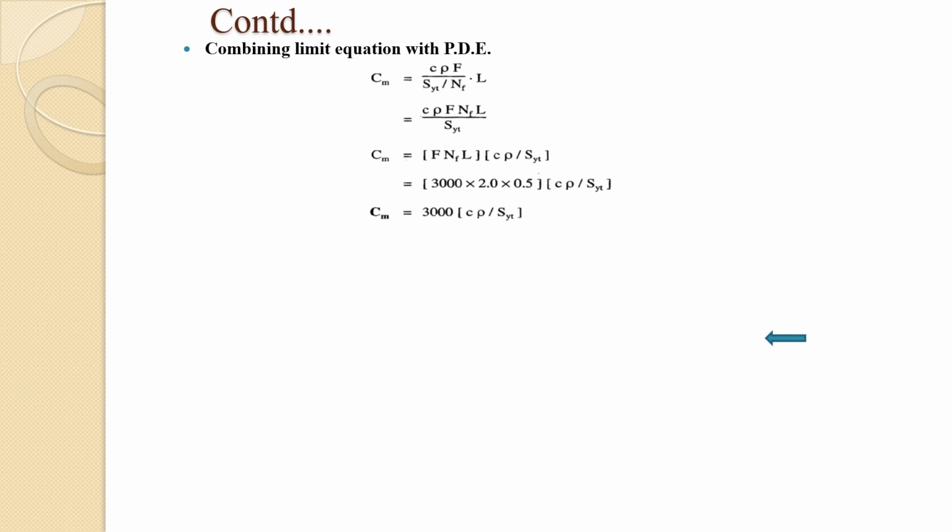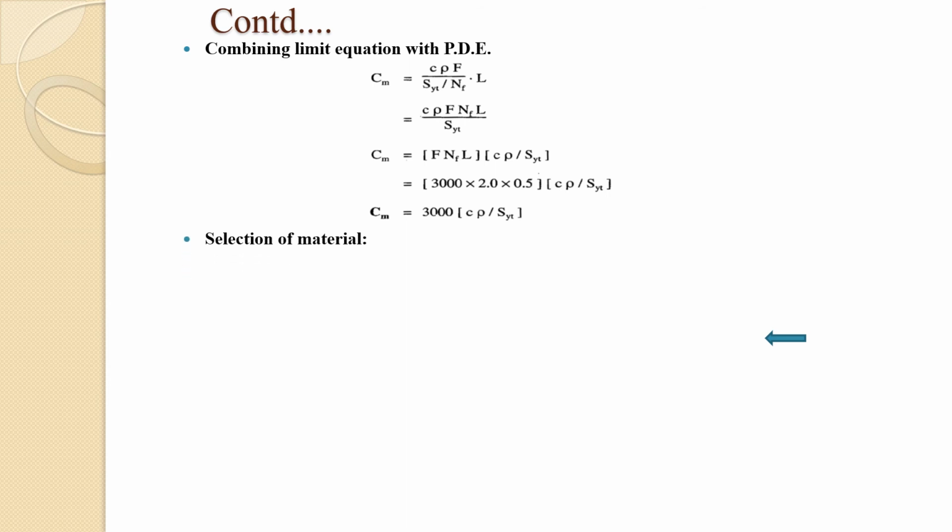So F, NF, that is factor of safety, and L are the functional parameters, while c, rho divided by SYT are the material parameters on which your optimum cost will be dependent. So separate them. So your final equation is, after putting the value of F, factor of safety and L, Cm is equal to 3000 into c into rho divided by SYT.